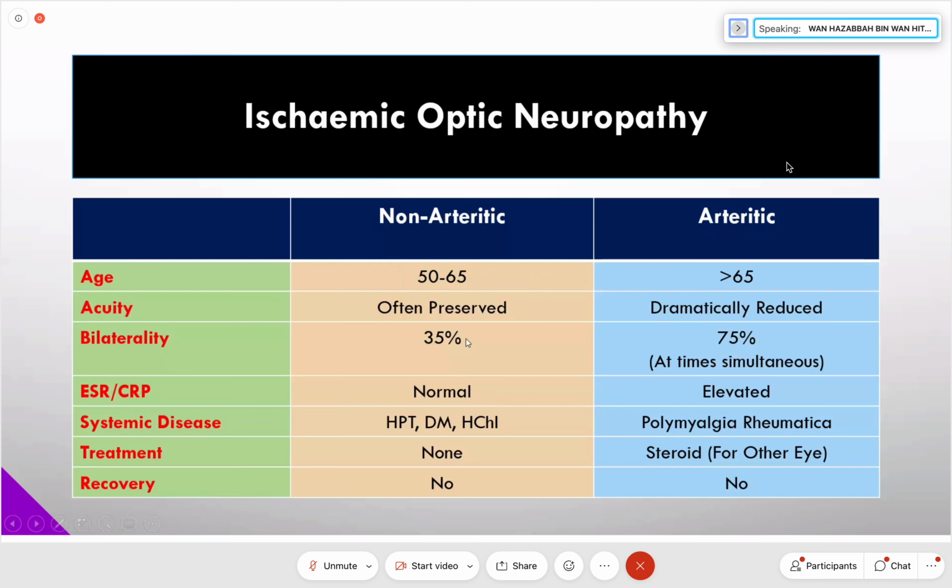The visual acuity is still there. Bilateral involvement is only slight, not so common. ESR is normal compared to arthritic. Systemic disease is quite prominent here. There is not much treatment compared to arthritic, of course, because of GCA you need to treat.